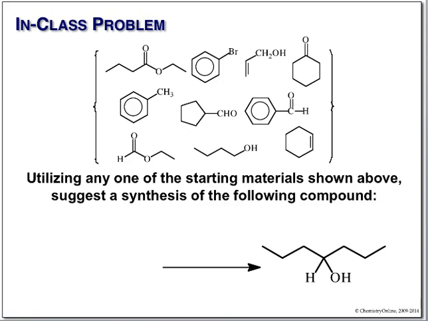I can take a ketone and I can reduce it with either lithal or hydride. That works. Or I can make it from a Grignard reaction. As we look up top here, do we see an appropriate ketone? No, we don't. Therefore, we're going to have to do a Grignard synthesis.